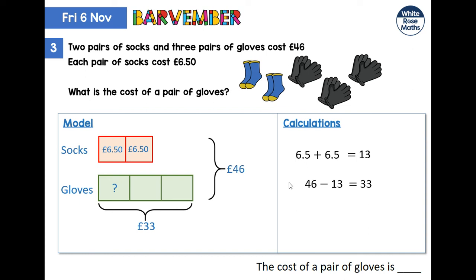That if we know that the total of socks and gloves is 46, then we can take away the socks to find out how much the gloves will be. And there's our £33, representing 3 pairs of gloves, exactly the same as previously.